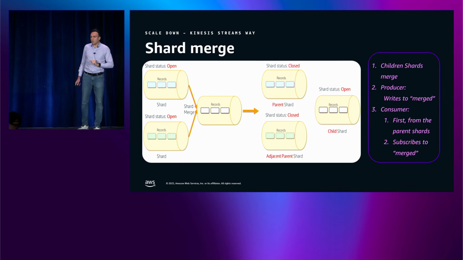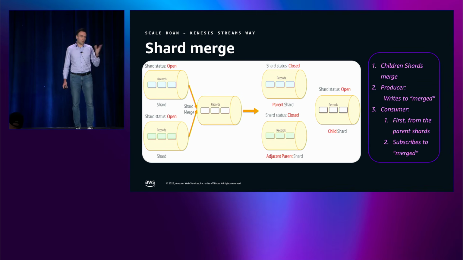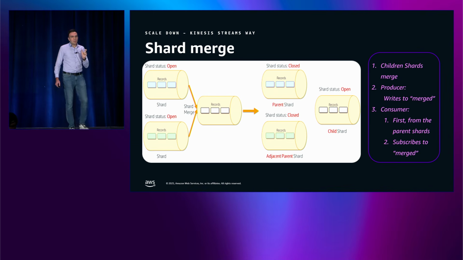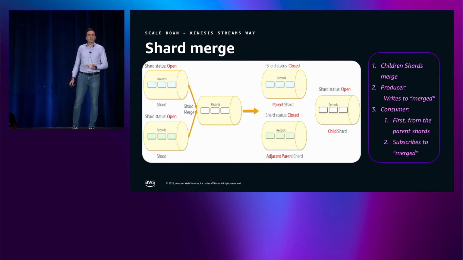One good thing about this architecture, as you might have guessed, is, first of all, it solves the problem of messages getting out of order. With this approach, we can scale back in without any data loss, without any problem with message ordering. And then number 3, each of these shards could be in a different worker node.